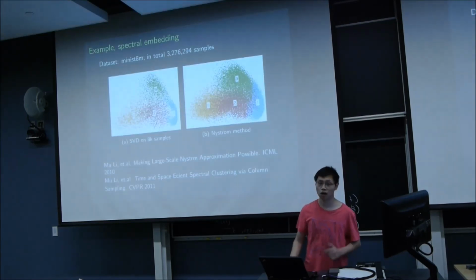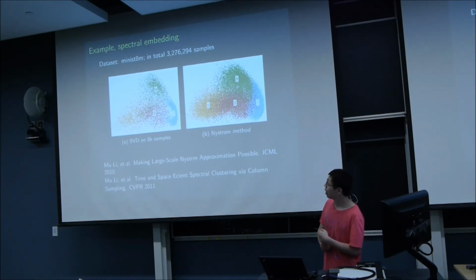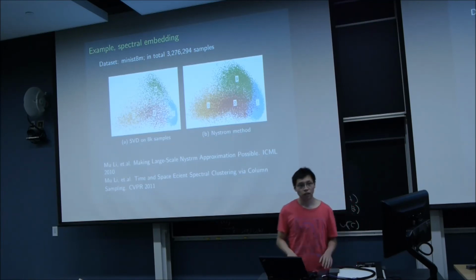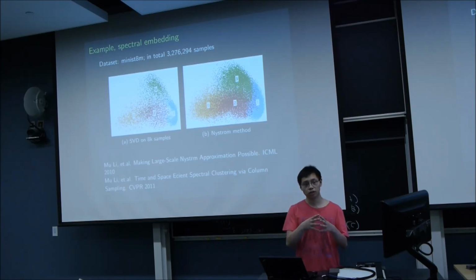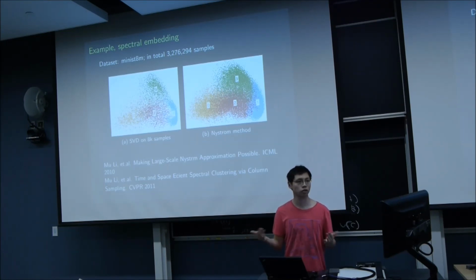Now we go to the experiment part. Here is the spectral embedding. We have handwritten digits. I just sampled 4 digits here: 0, 1, 2, and 9. We treat each image as a sample, compute the similarity matrix and the kernel matrix, and do the eigendecomposition of that.